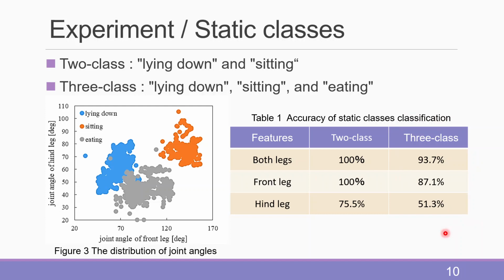In particular, when the angle of hind leg only is used as a feature, the accuracy is reduced to 51%. As shown in the left figure, there is an overlap in the distribution of eating and lying down. This led to a decrease in the accuracy.